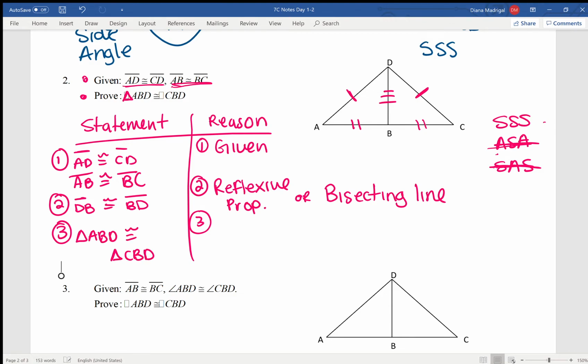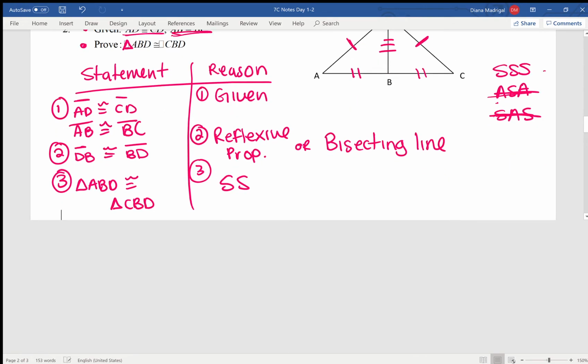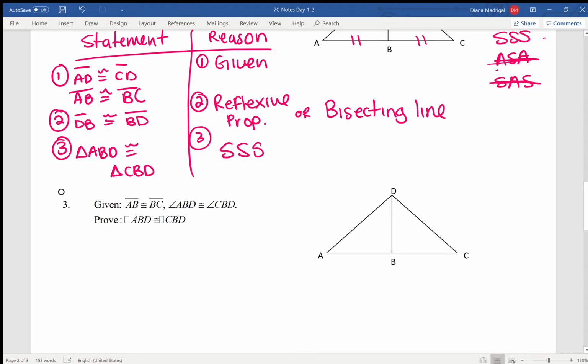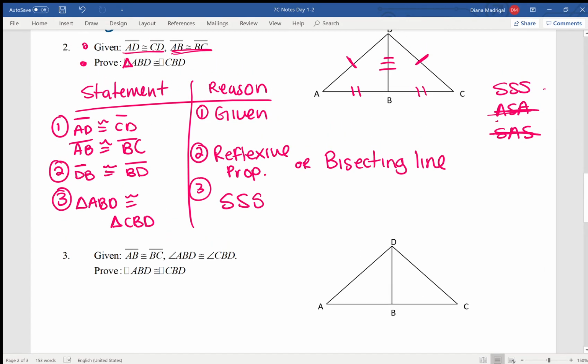And how do I know that? Because of side, side, side. That is pretty much all we're doing for this. Three statements, three reasons, draw on your pictures, and use the information they give you. If they didn't give you any information with angles, then you're not talking about any angles. You're not talking about the two theorems that have angles.